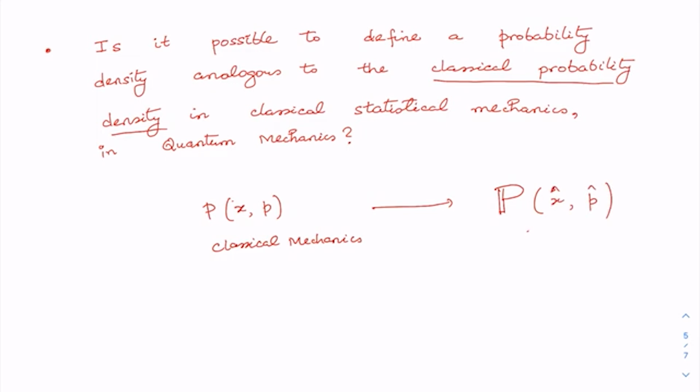Because we are in quantum mechanics. But in quantum mechanics we know that it is not possible to measure position and momentum simultaneously. We cannot define them. So at first it appears to be a very hopeless idea.